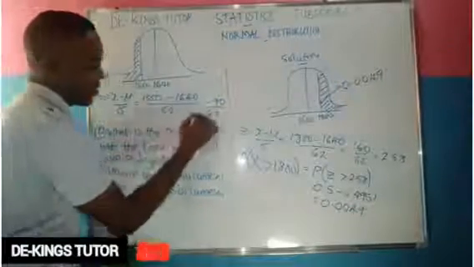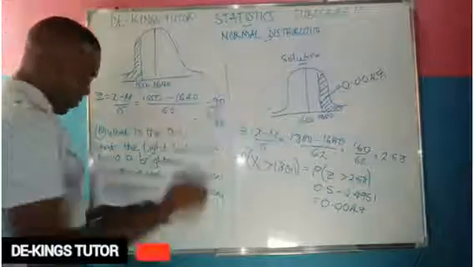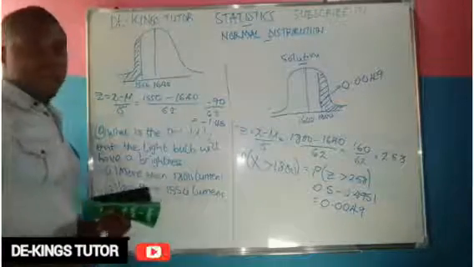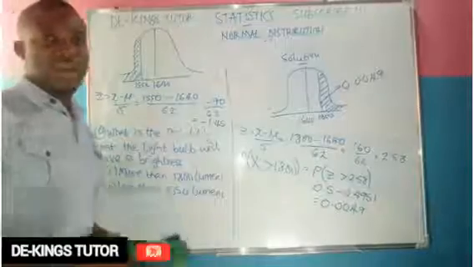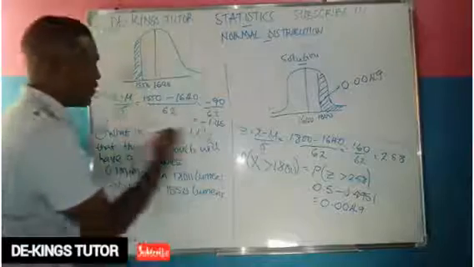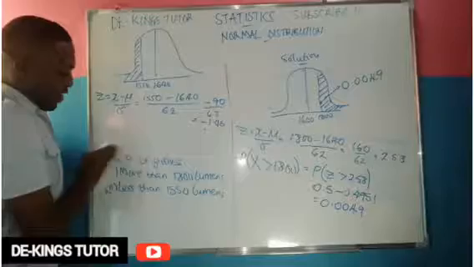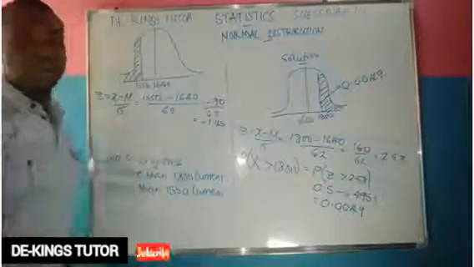We'll have minus 1.45. Whenever you're checking the tables, don't allow the minus to confuse you. Still the same thing. The same value we'll have to the left hand side, that's the same value we'll have to the right hand side.